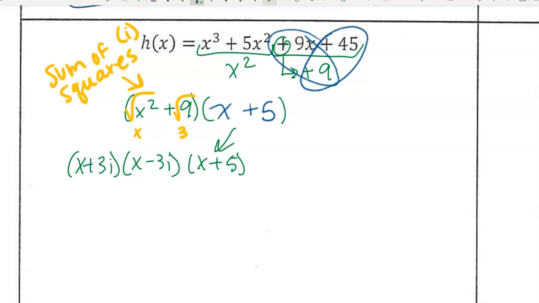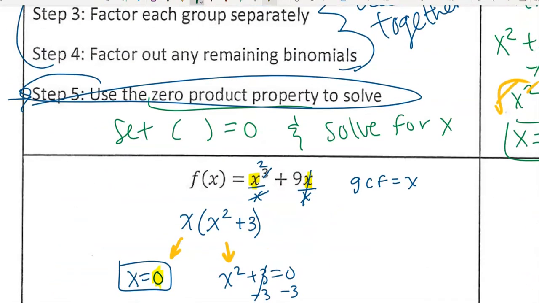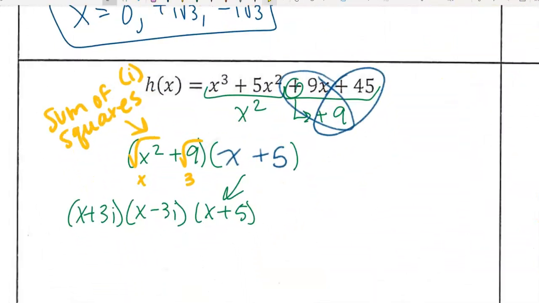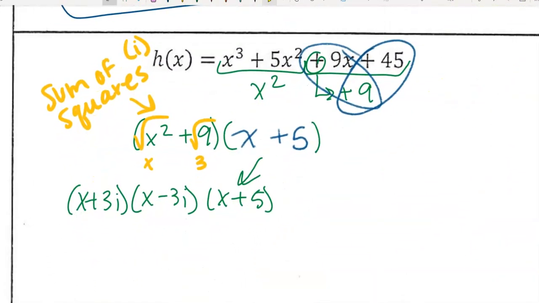We are going to use the zero product property to solve our final step. So again, we're setting these parentheses equal to 0 and solving. Now, yes, you can say x plus 3i equals 0, x minus 3i equals 0, x plus 5 equals 0.